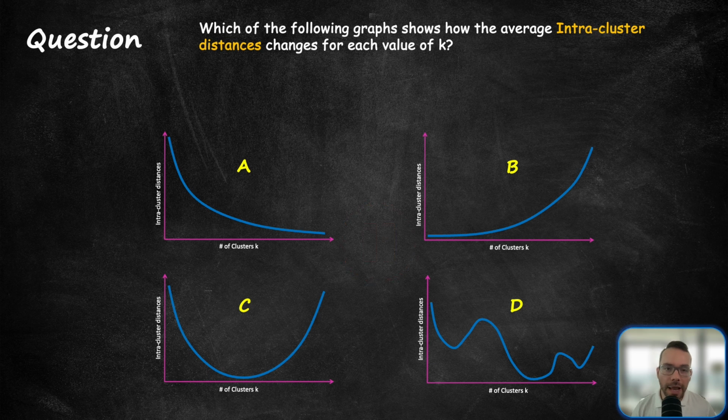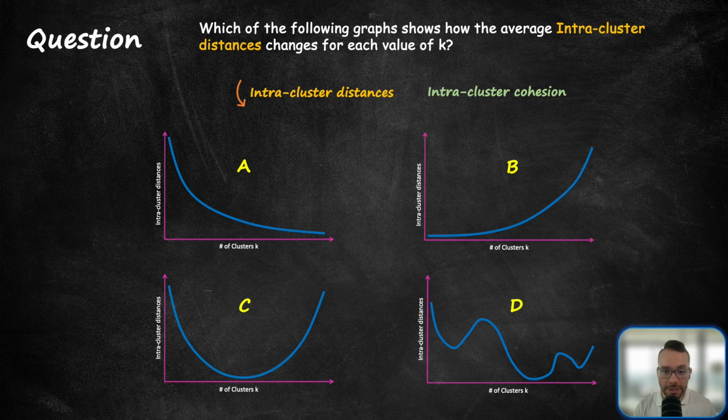Okay, what we really have here is that for each potential number of clusters k, if you run the k-means algorithm and calculate the sum of the squared distances between data points in each cluster, what we're going to see is that, because with a higher number of clusters you have higher chances of finding a closer or tighter fit for the data points, we are always going to reduce the intra-cluster distances.